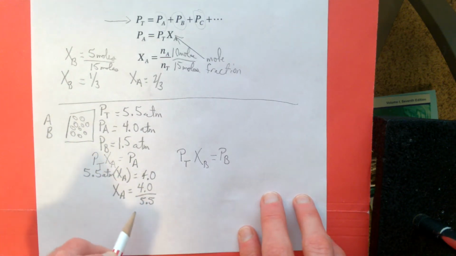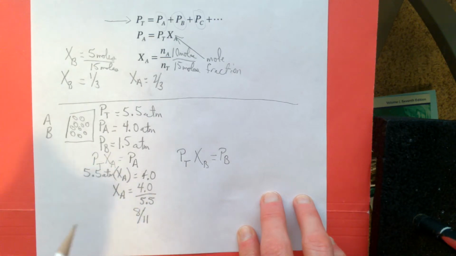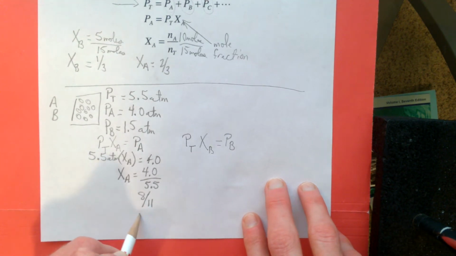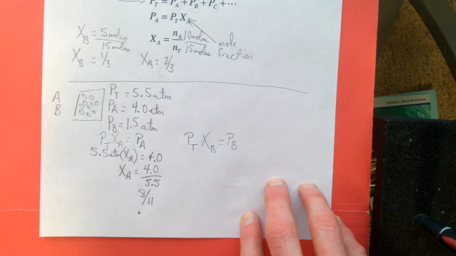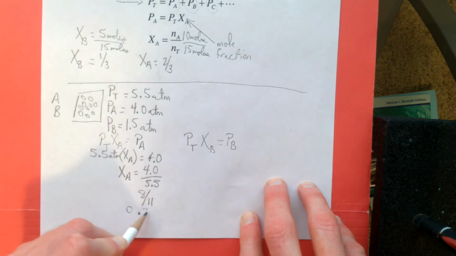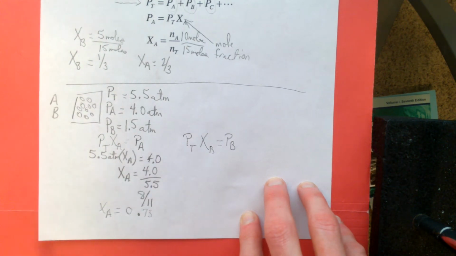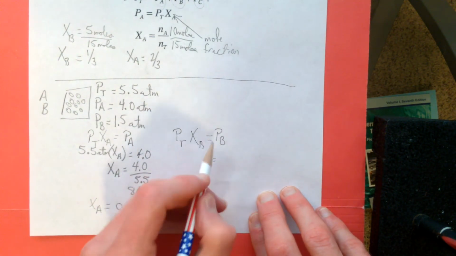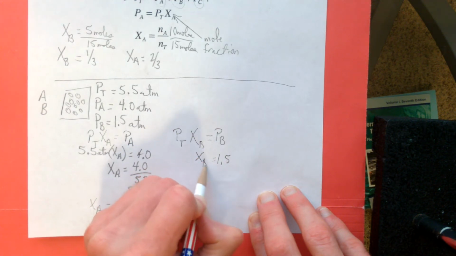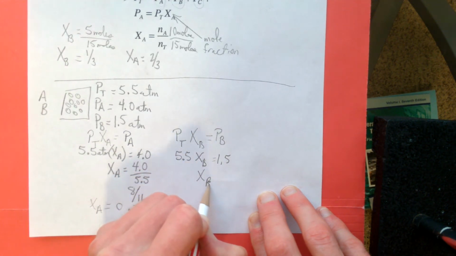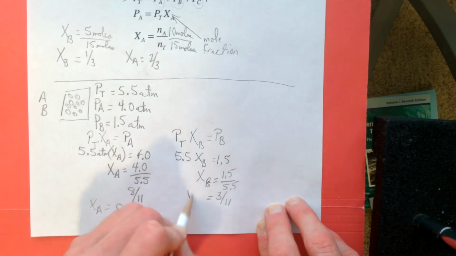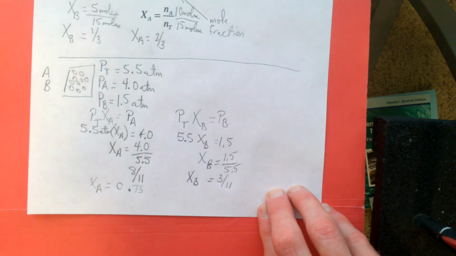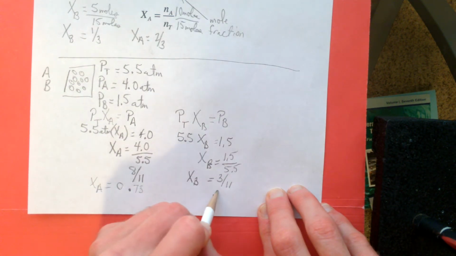If we wanted to reduce this fraction further, it would be 8 over 11, or in decimal form, let's get the exact value, 8 divided by 11 is 0.73. That is the mole fraction of A. And for the mole fraction of B, we have 1.5 over the total pressure of 5.5, which is 3/11 in fractional form, or in decimal form, 0.27.